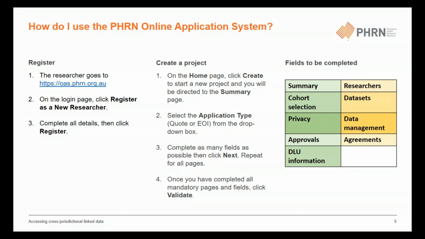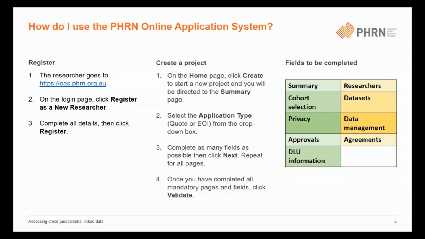And if you're going to be the project owner and you wanted to create a project, you would then land on the home page and click create to start a new project, and then you'll be directed to the summary page. The summary page has a number of fields in it that you would need to complete.